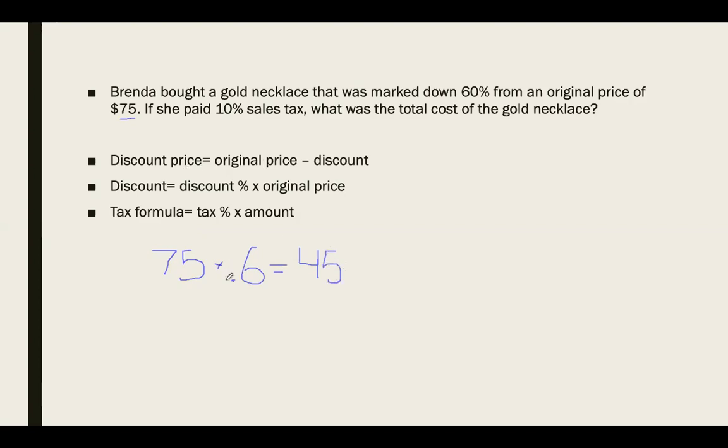Now, this isn't your new value. This is just saying that this is the amount that was taken off of the 75, because this is 60% of 75. So 75 minus 45 is equal to 30.